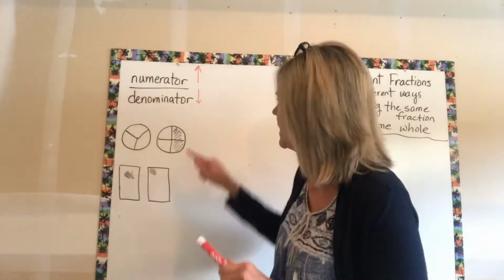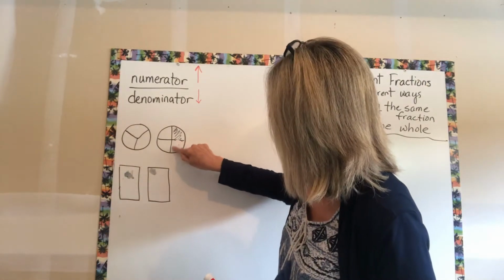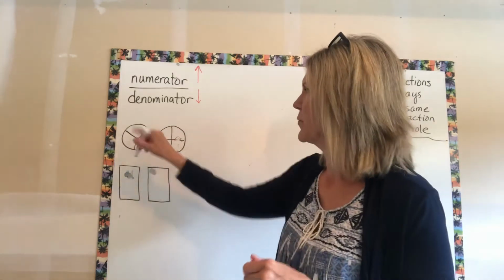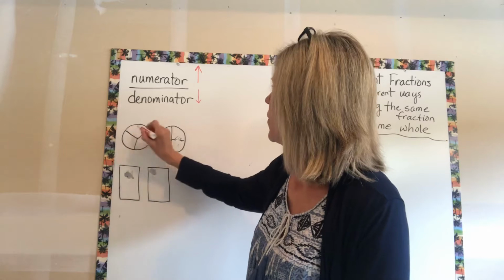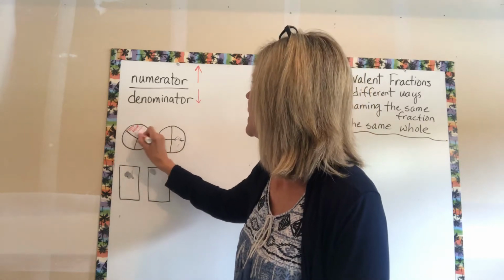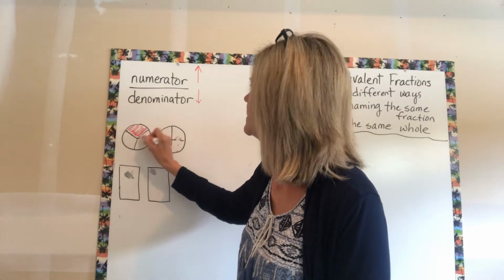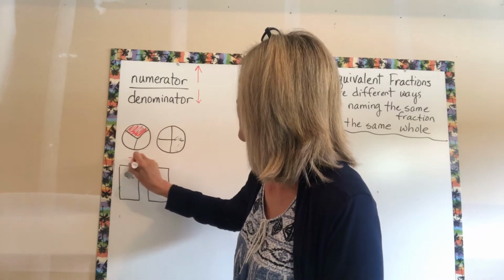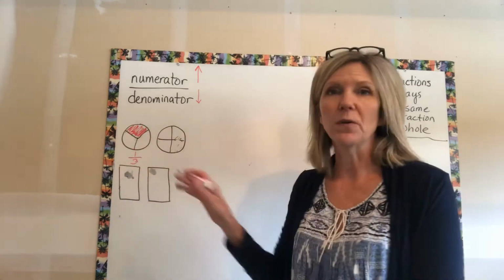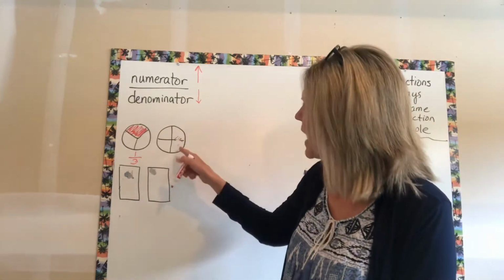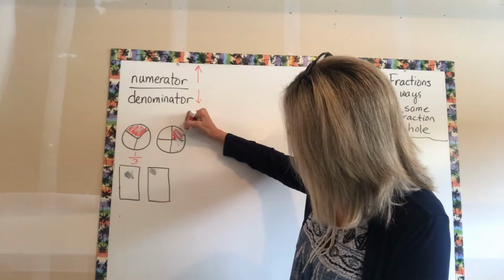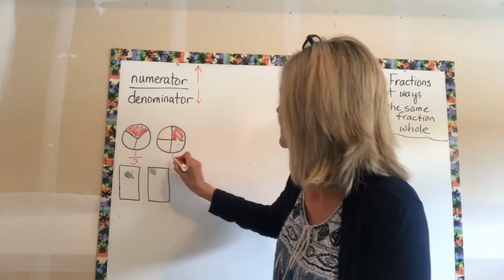I'm going to shade, let's get rid of this. I'm going to take 1 piece out of my 3 pieces, so that would be 1/3, right? 1/3, I'll write it here, 1/3. It's hard for me to write on this side. Okay, and then I'm just going to take 1/4 here, okay, and give that to somebody.